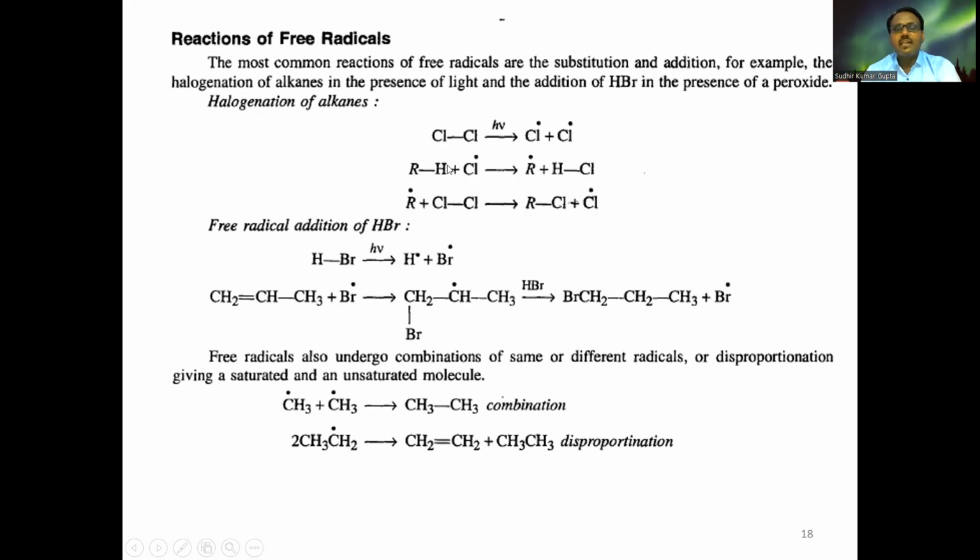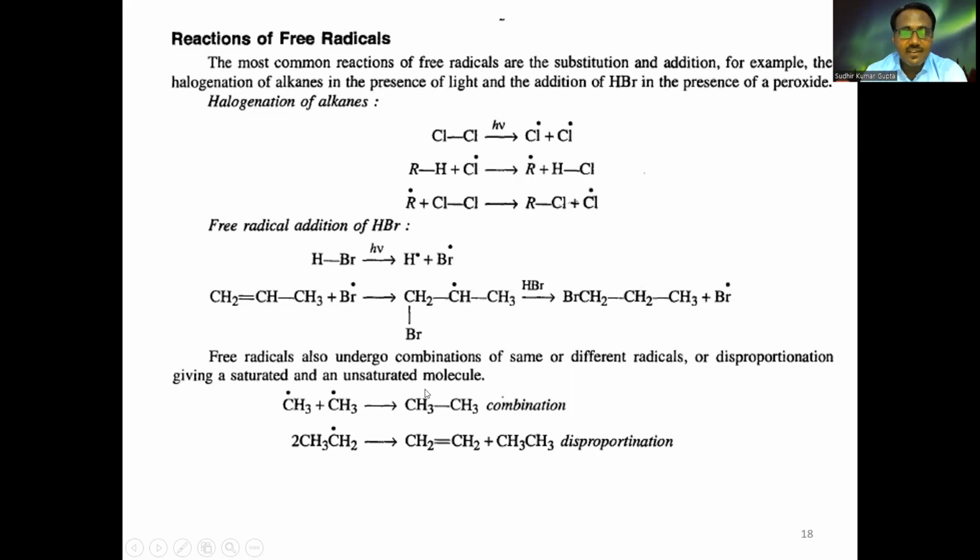Similarly, free radicals are generated if alkenes are allowed to react with HBr, because HBr readily undergoes homolytic cleavage in the presence of light. The Br dot that is formed results in the cleavage of the double bond and causes the formation of the carbon free radical.